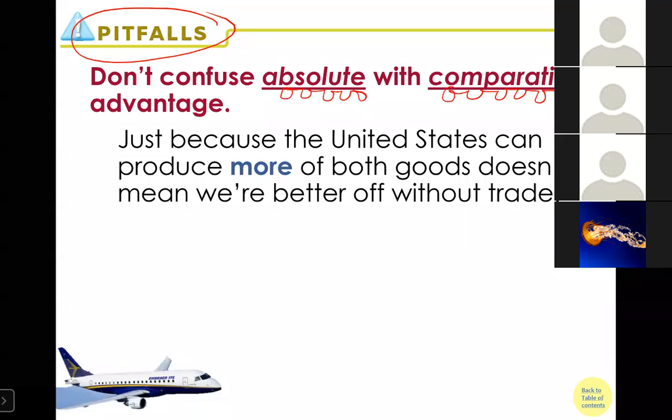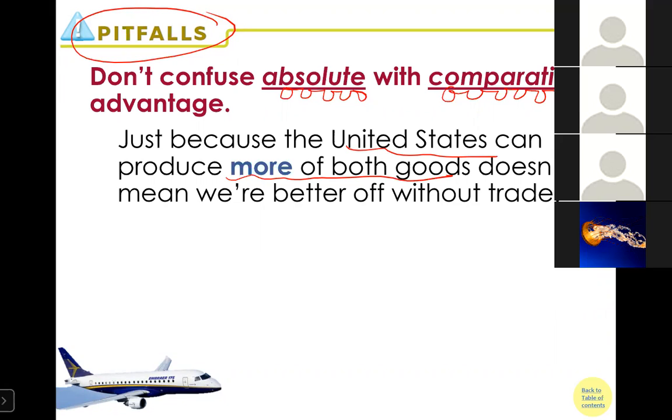Even though the US has absolute advantage in both large and small jets, the US still can benefit from trading with its trading partner, or it still can benefit from trading with someone who has an absolute disadvantage, right?